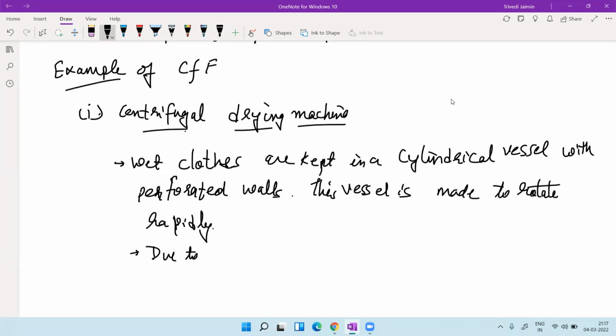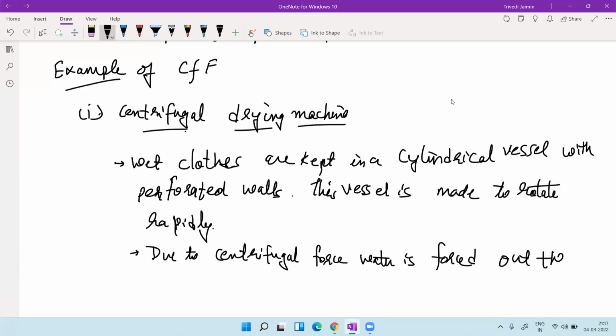Due to centrifugal force, water is forced out through the holes when clothes are dry.